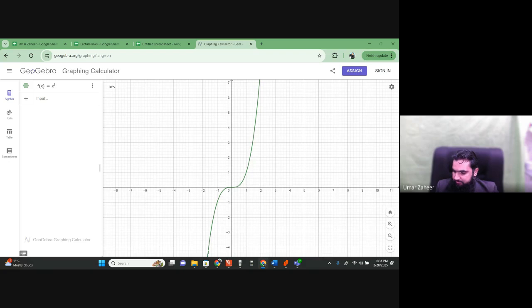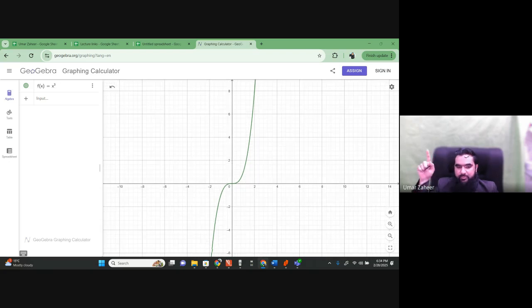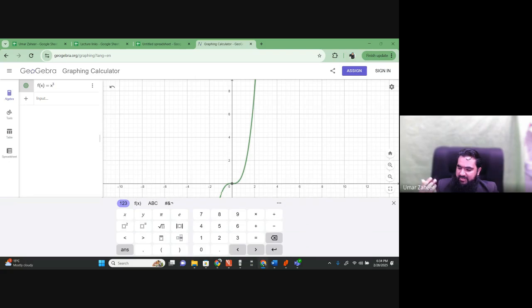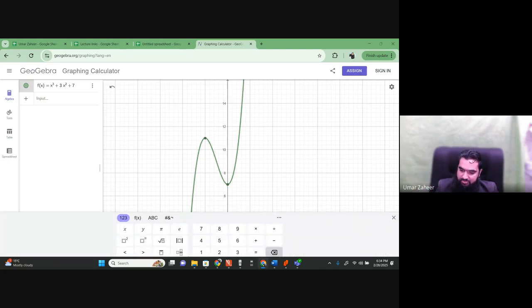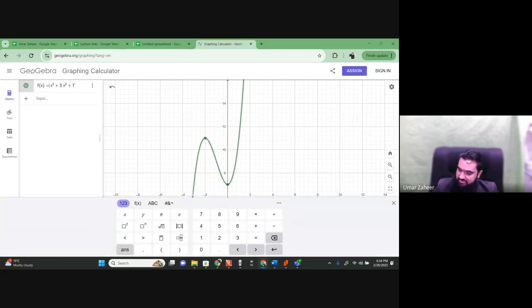Look here. If you add any values, let's say plus 3x square plus 7, the shape of the graph is exactly the same. It changes if you change the sign of x cube. Let's say you write -2 here. Now the shape of the graph is from left to right.